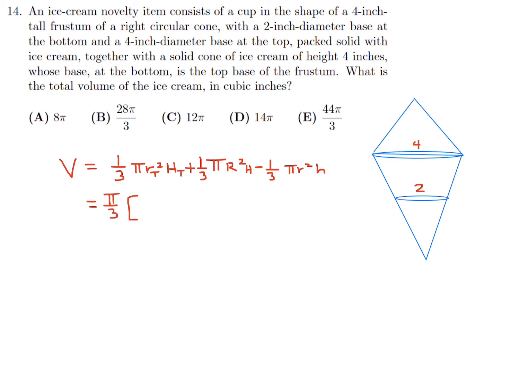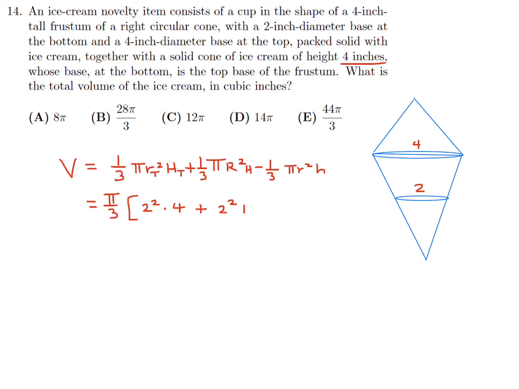and then let's see what we know so far. The radius of the top is 2, and then the height, they told me, is 4. So that's pretty straightforward right there. So that's 2 squared times 4. And then this part here, the big R is 2 again, and then the height of the whole thing from top to bottom, that we don't know yet.